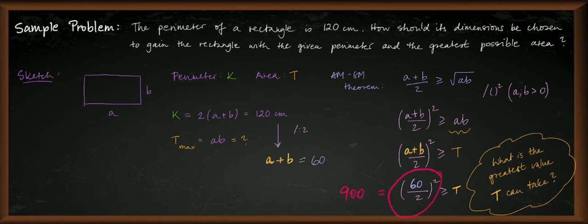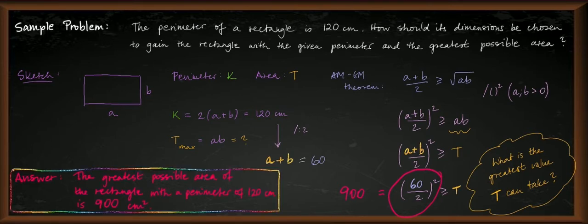So what we gained here is the maximum value for T. So we can now give an answer and say the greatest possible area of the rectangle with a perimeter of 120 centimeters is 900 square centimeters.